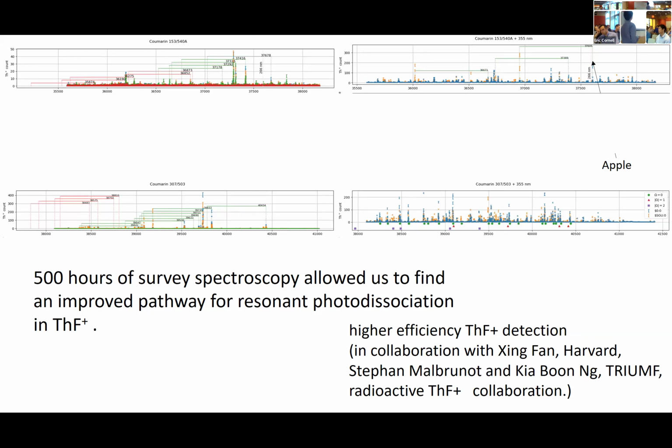We're working on the eEDM. We all like thorium fluoride plus, and we recently did, I think, 6 weeks or so, many hundreds of hours of survey spectroscopy, and the great result of that is hidden behind here. In fact, we now have detection efficiencies up by about a factor of 7 or 8, which sounds great.